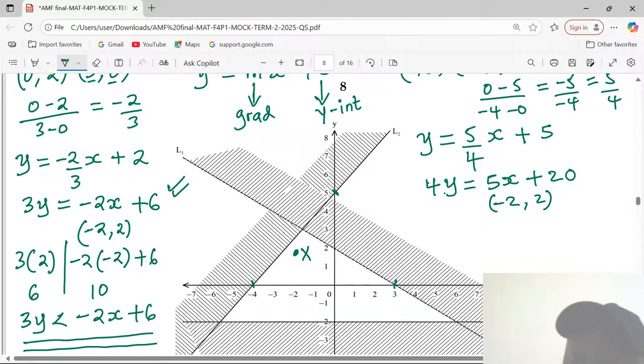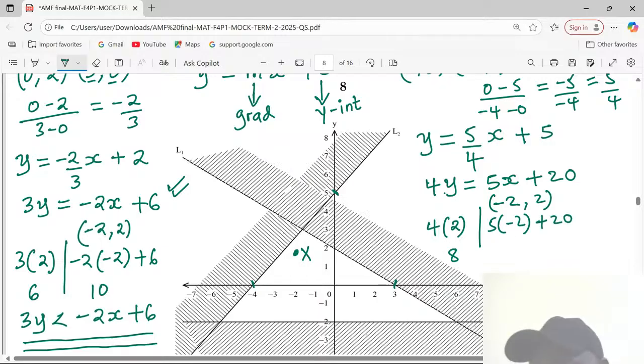On the left, we shall have 4 times 2 because y is 2. Then on the right, we have 5 times negative 2 plus 20. So the left is 8. Then we are having negative 10 plus 20, which is positive 10. What is the relation between 8 and 10?